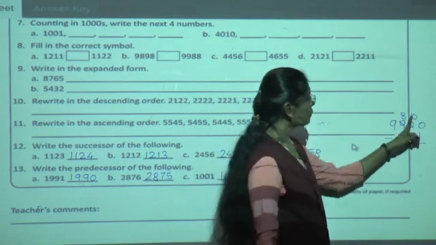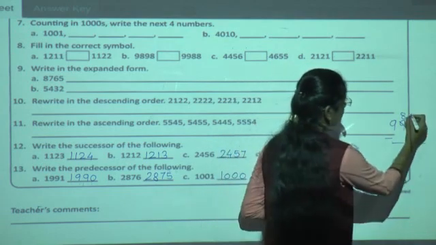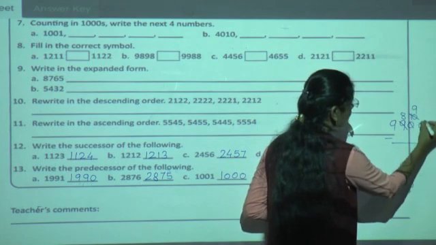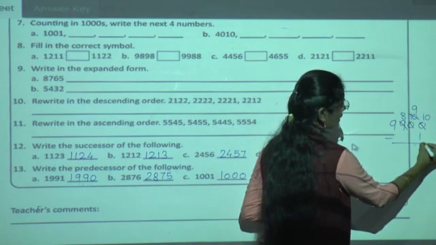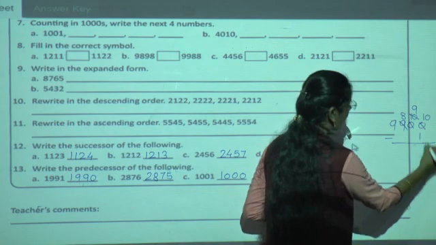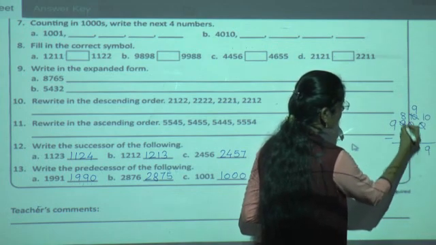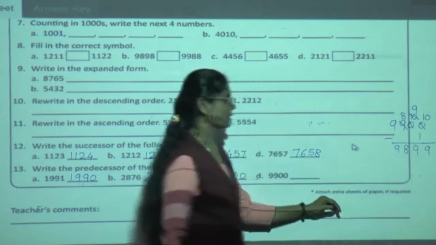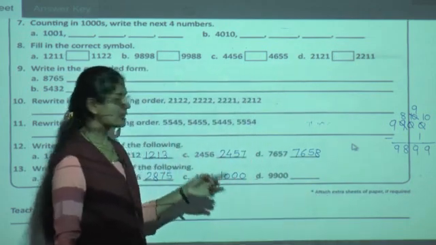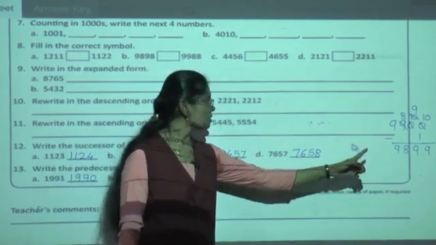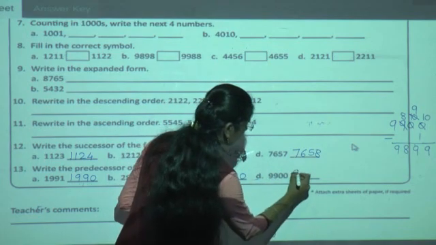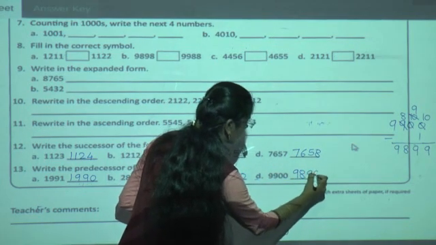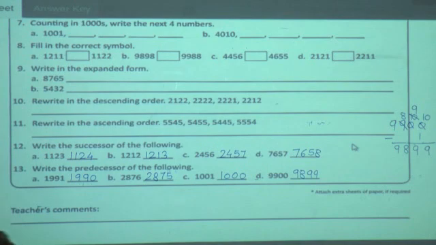Now take 1 borrow from this 10. So it will become 9 and this 0 will become 10. Now do the subtraction. 10 minus 1, 9. 9 minus 0, 9. This 8 will remain and this 9 also remains as it is. So what will be the predecessor of this number? 9899.